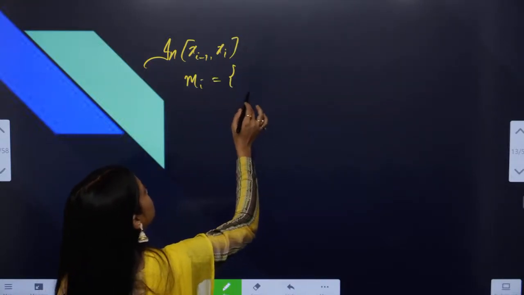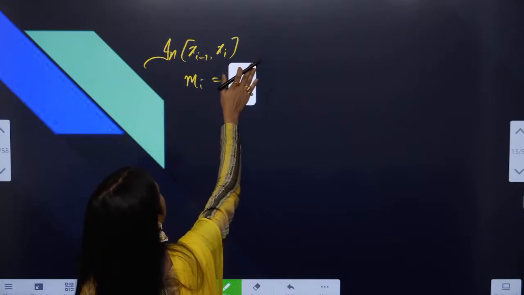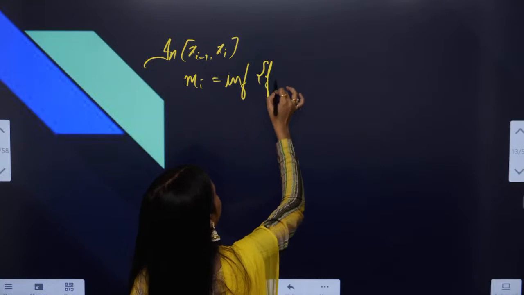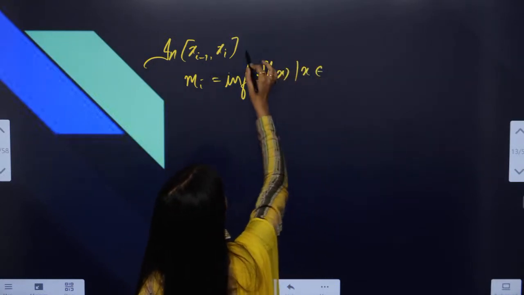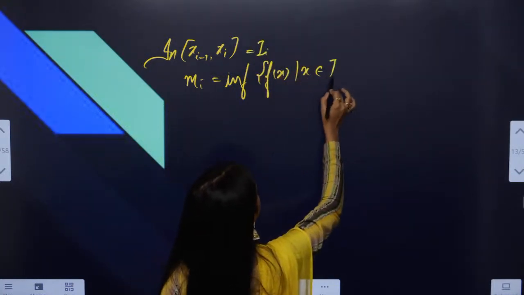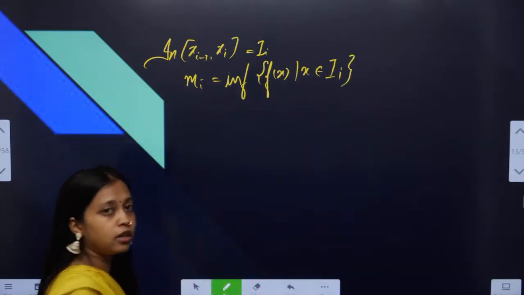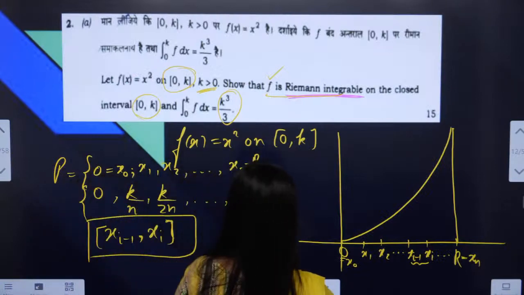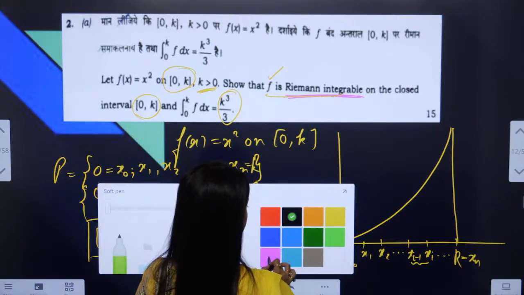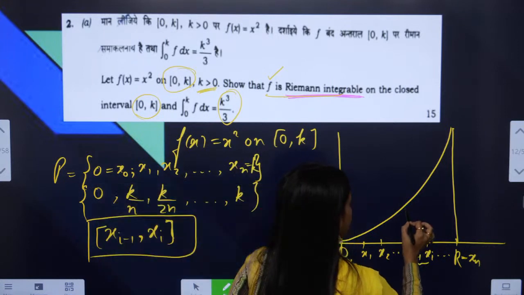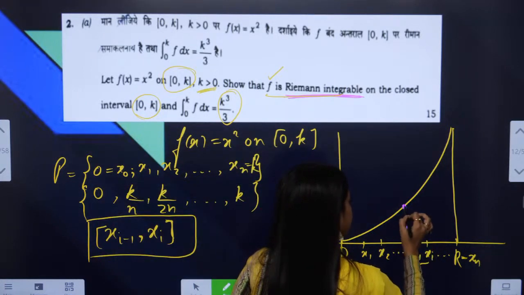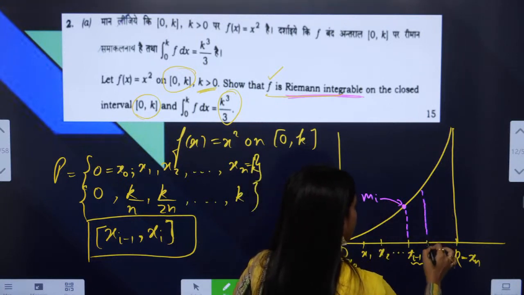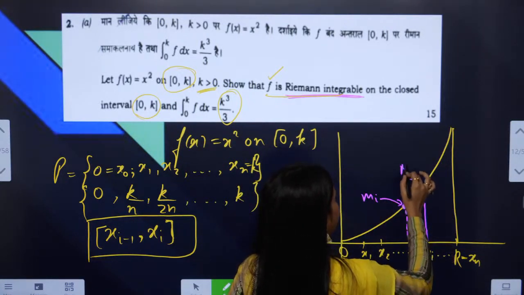So, in the interval x_{i-1} to x_i, what is your small m_i? Small m_i is the infimum of all the f(x) such that x belongs to this ith subinterval. Because my function is an increasing function, this point is small, this will give you small m_i and this will give you capital M_i.